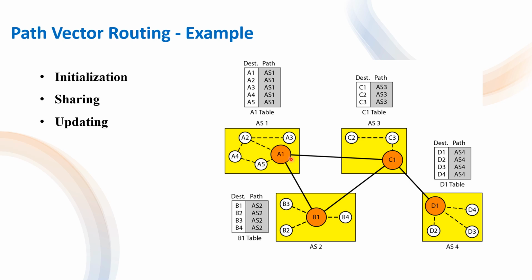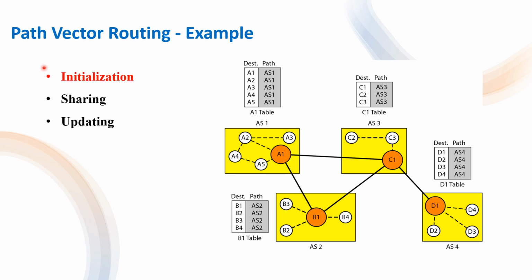The speaker node in an autonomous system creates a routing table and advertises it to speaker nodes in the neighboring autonomous systems. The speaker node advertises the path, not the metric, of the nodes in its autonomous system or other autonomous systems. The idea is the same as for distance vector routing, except that only speaker nodes in each autonomous system can communicate with each other.